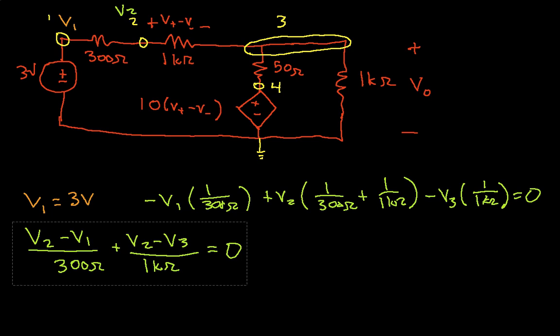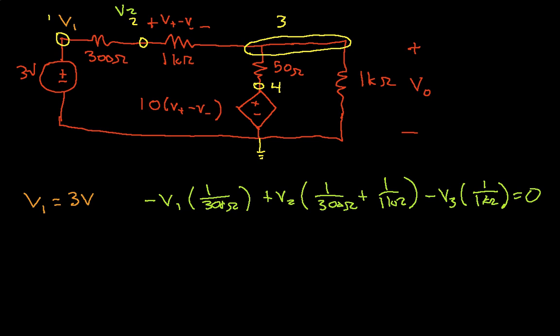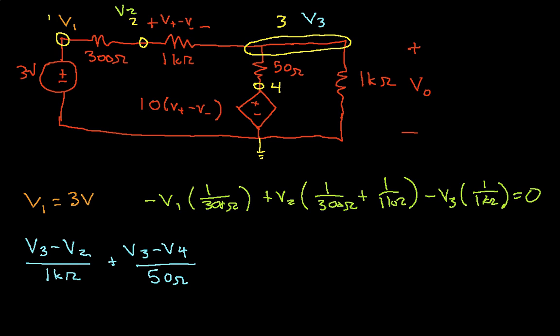Our third equation we'll get at node 3. And at node 3, we will have (V3 minus V2) over 1K ohm plus (V3 minus V4) over 50 ohms plus V3 over 1K ohm, and that will be equal to 0.